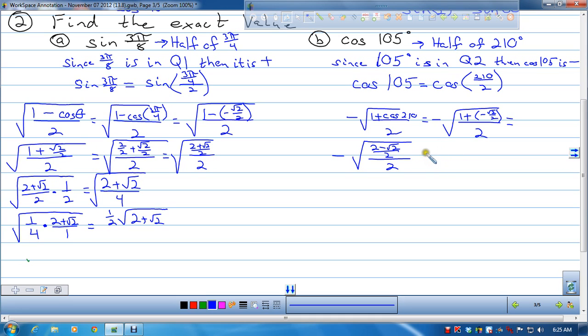Next step, remember, multiply by the reciprocal, so I've got 2 minus root 2 over 2 times 1/2, which gives me 2 minus root 2 over 4, which could also be, if you want to simplify even further, I could take out a 1/2 from this, right? 1/2 square root of 2 minus root 2.